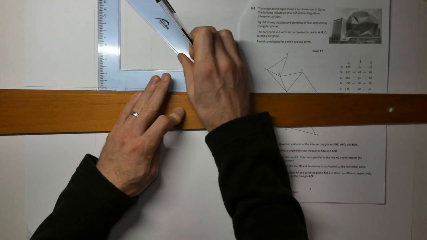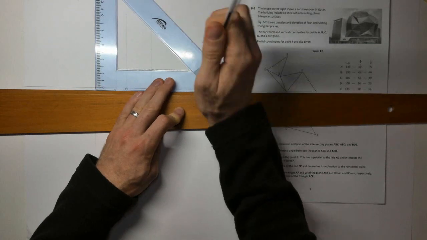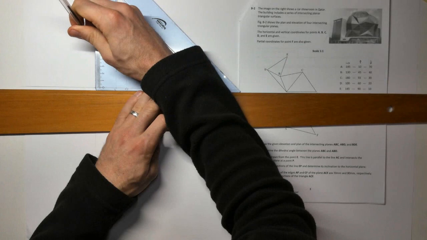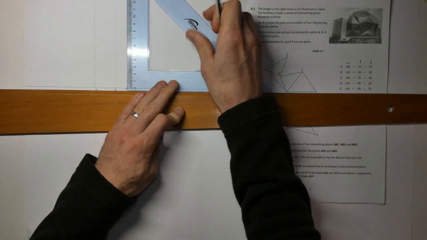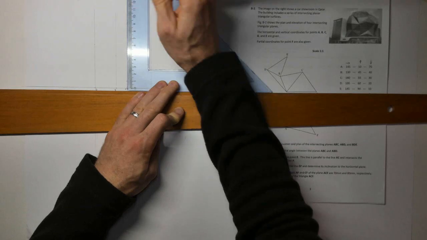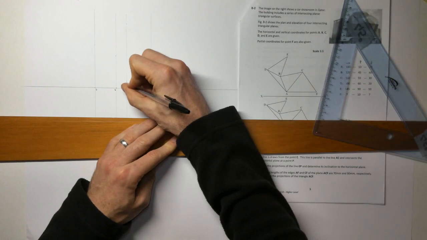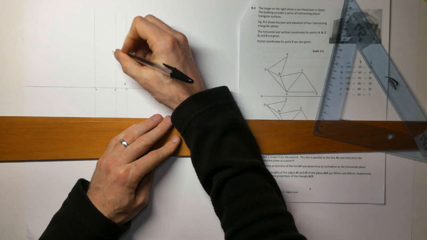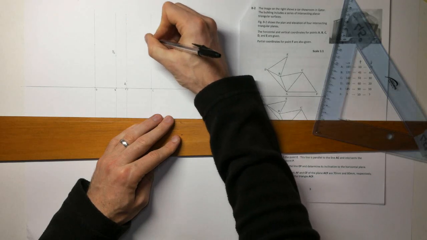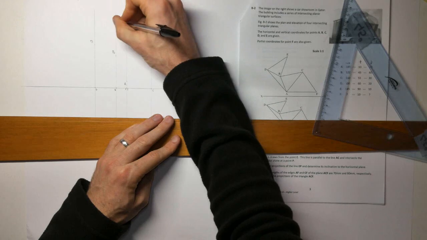D, 60. And back to E then again is up 90. So in that then, I've got my A, B, C, D and E.